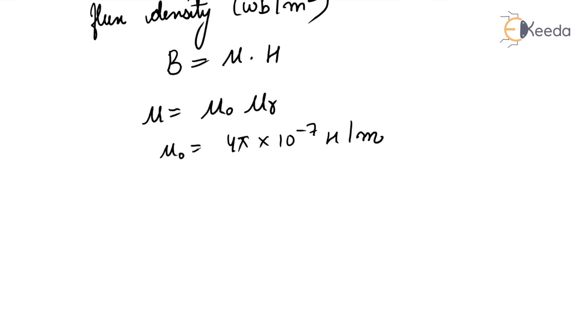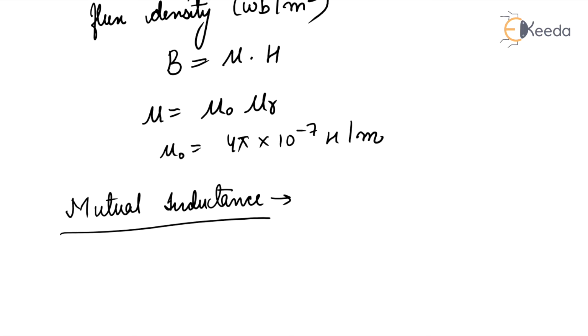Similarly, in my introduction video of transmission line parameters, I already told you about the mutual inductance. Mutual inductance between two circuits is defined as the flux linkage of one circuit due to current in the second circuit. Means if there are two coils close, and current is flowing, that current flowing in one coil also affects the neighboring coil.